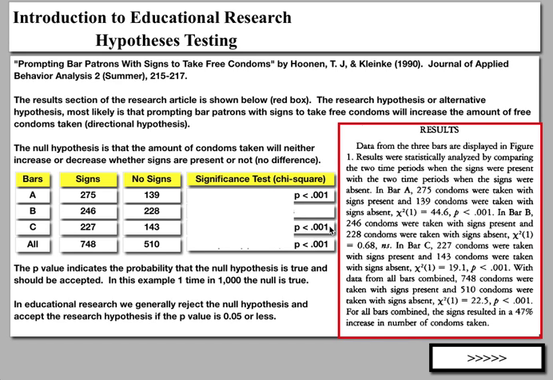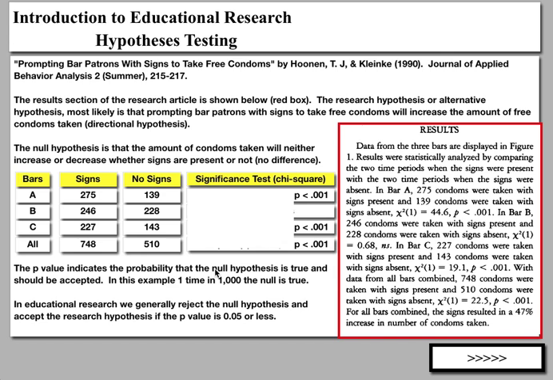It was the signs that resulted in the increase in condoms. And the same in the overall data. It's exactly the same thing. The chances of the null hypothesis being true is less than 1 in 1,000. So that's how you interpret this probability figure.